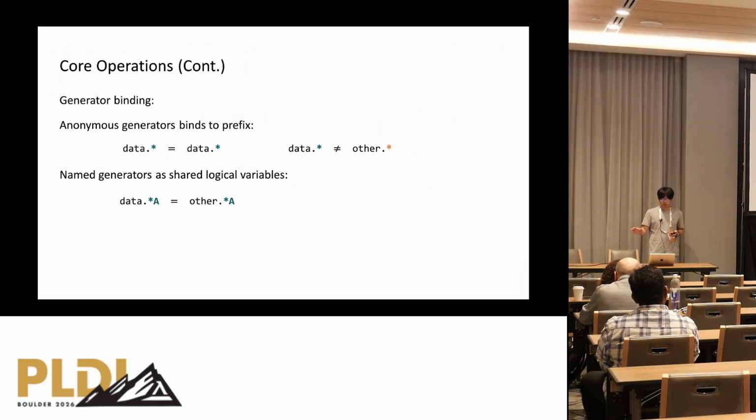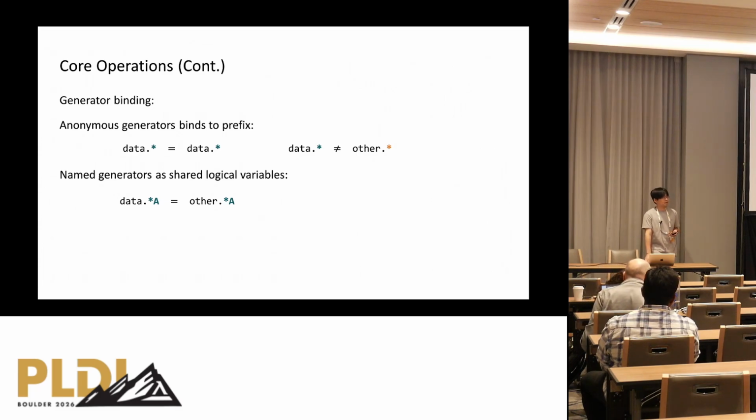And if we have data.star and other.star, then because there are different prefixes, they will be different loops in the generated code. And if data.star and other.star appear in a single expression, it will result in nested loops or Cartesian products in the generated code.